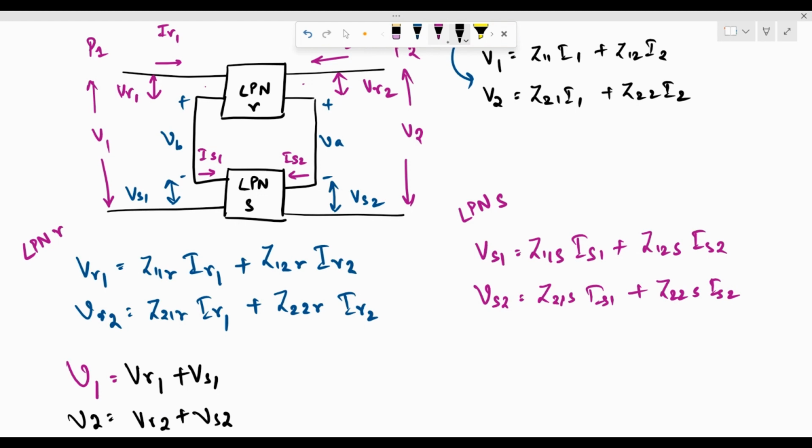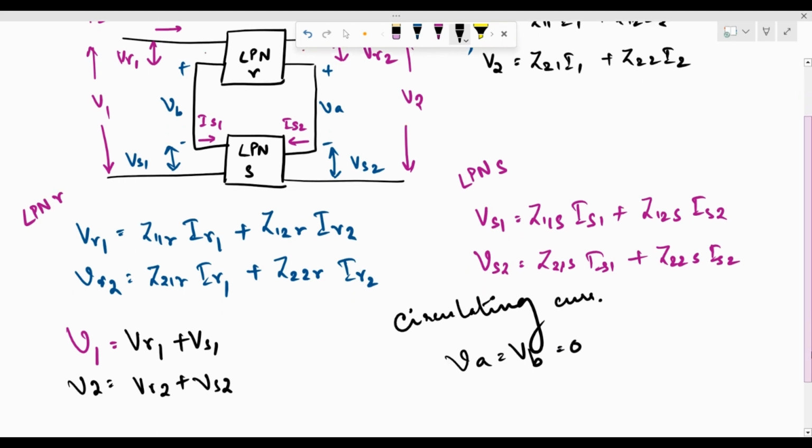To ensure that this particular two-port network functions correctly without any circulating currents present in it, we have to ensure that VA and VB are kept at zero. That would ensure that there are no circulating currents, because if they are present, then the entire equation for each of these networks would change. So assuming VA and VB are 0, we can consider this.